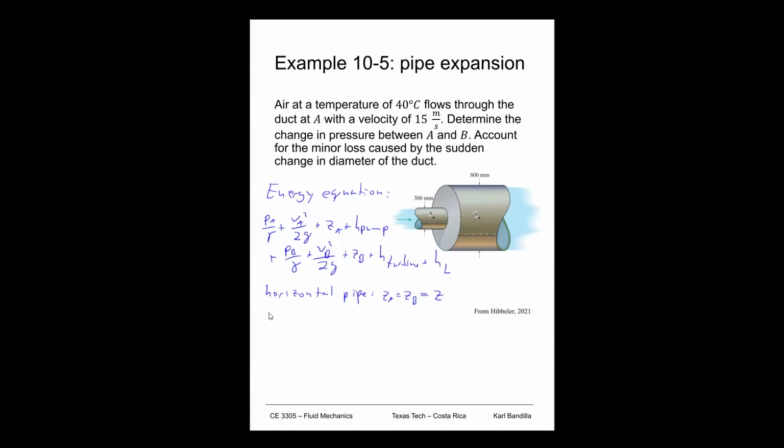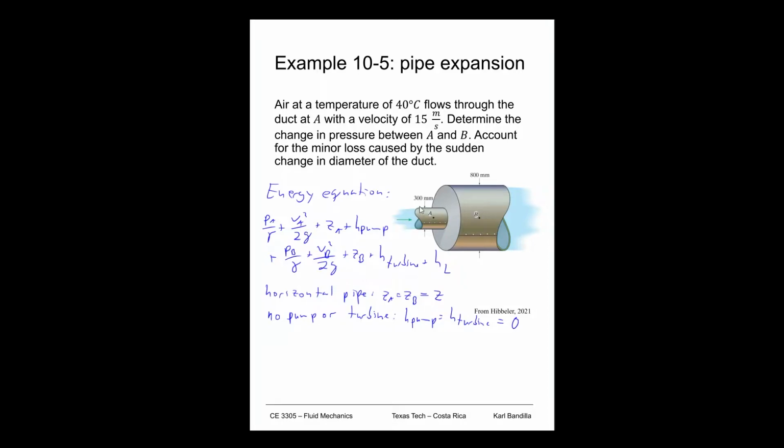We have no pump or turbine, so H pump is equal to H turbine equal to 0. PA or PB we're going to look for.